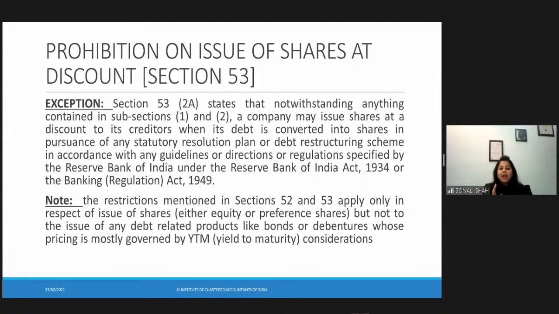So the creditor will become happy: okay, fine, I have got 2 shares. Let the company start working and let the restructuring happen. When the company makes profit, I'll get more money out of it. Right. So under such a situation, issuing shares at a discount is permitted.